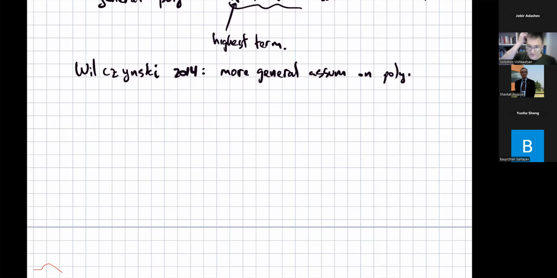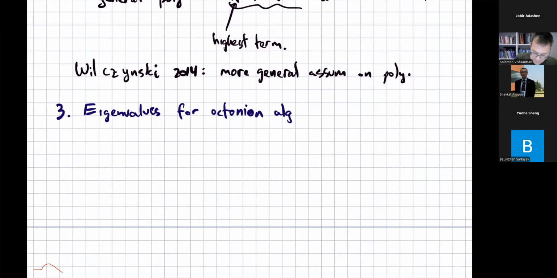So part 3, unless there are questions, is eigenvalues for Octonion algebras. So we have a matrix B over our Octonion algebra.